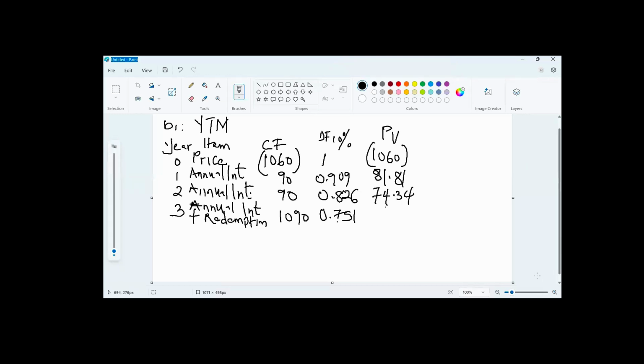Next, 818.59. Please sum up to get the NPV.